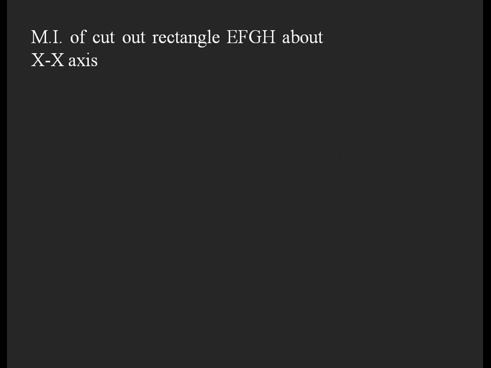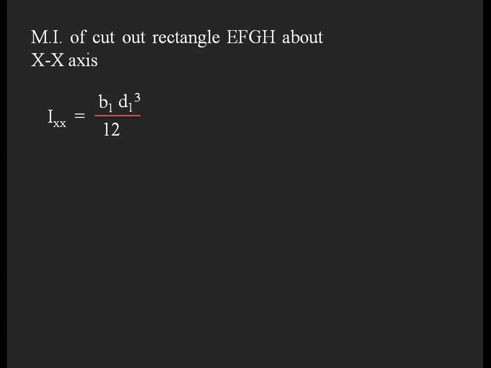The cutout portion is also in the shape of a rectangle, so about the x-axis, as per the dimensions we have assumed, b1 and d1, we can write the moment of inertia as b1 d1 cubed by 12. These are the two moments of inertia for the outer rectangle and the inner rectangle.